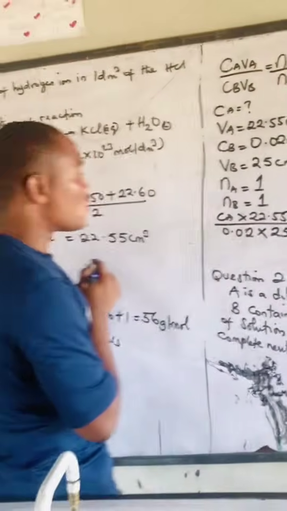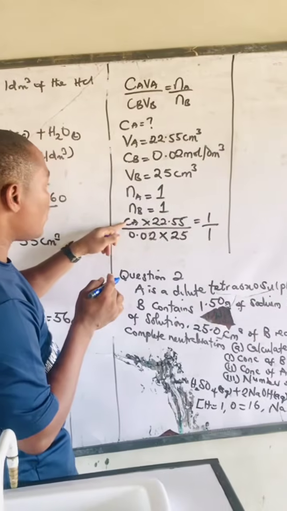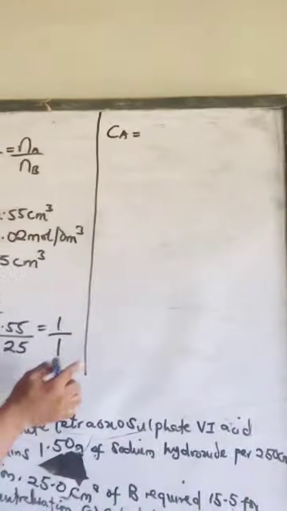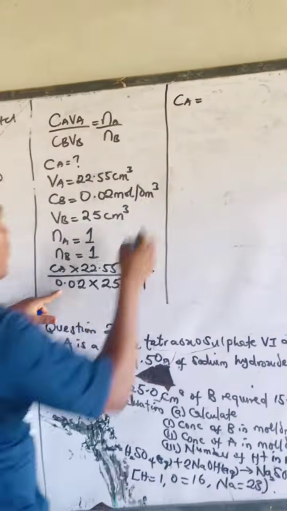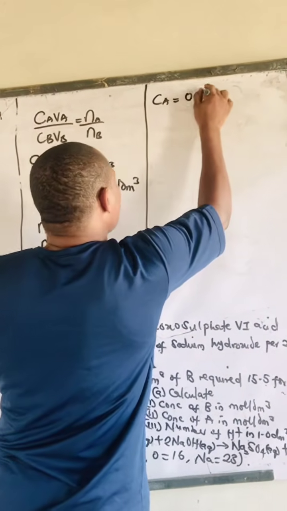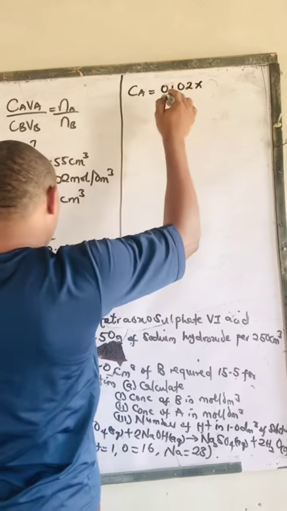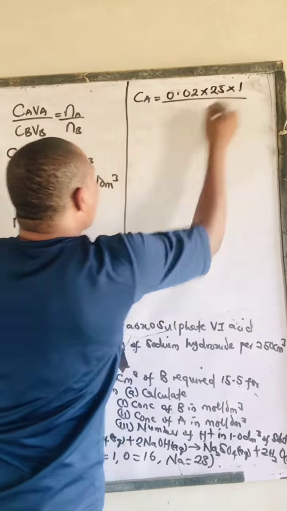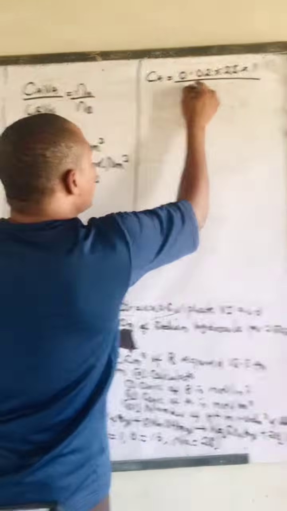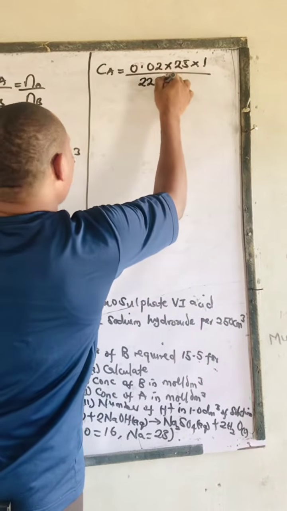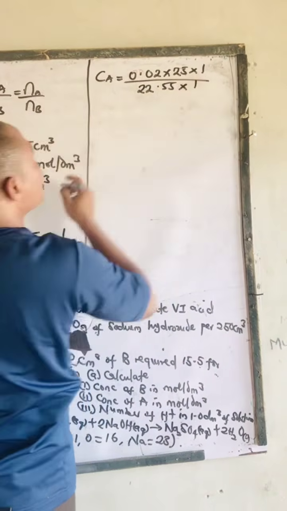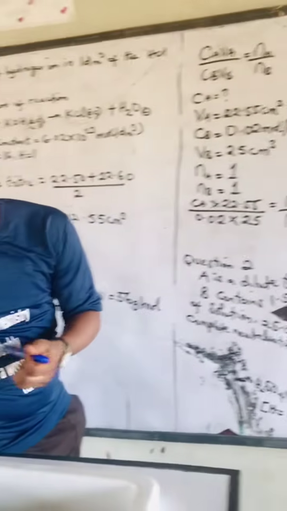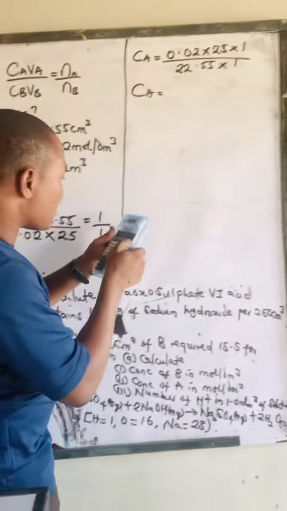Are we following? So from there, we look for our Ca. We are cross multiplying now. Our Ca becomes 0.02 times 25 times 1 over 22.55 times 1.